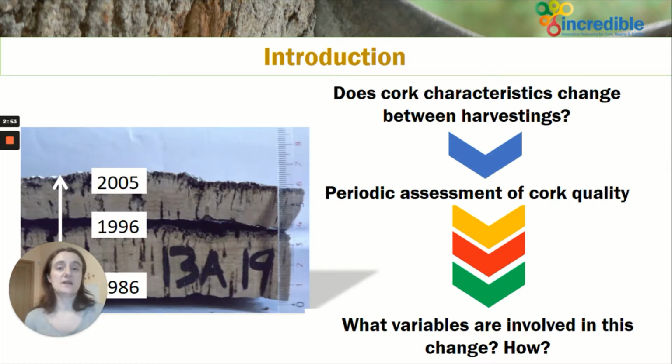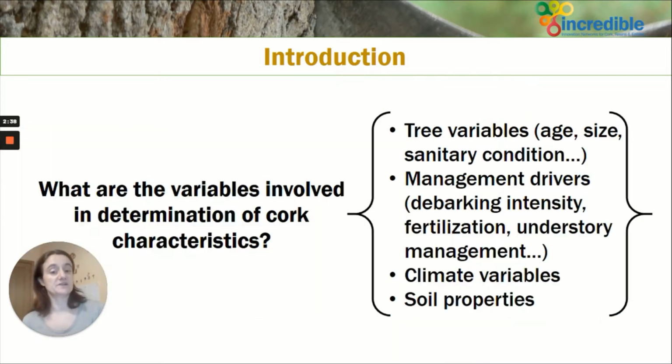So what we are aiming to do here is to consider some variables to analyze which are the ones more related with the evolution of cork thickness in consecutive cork extractions.